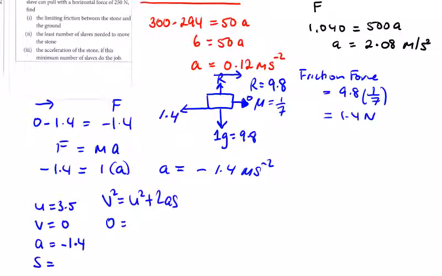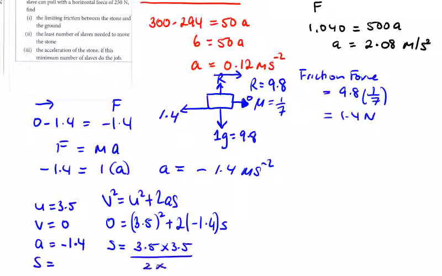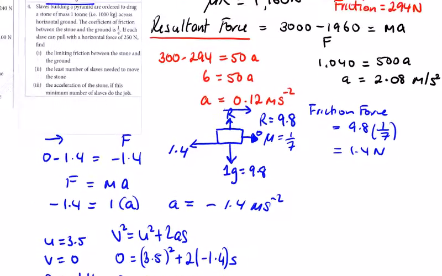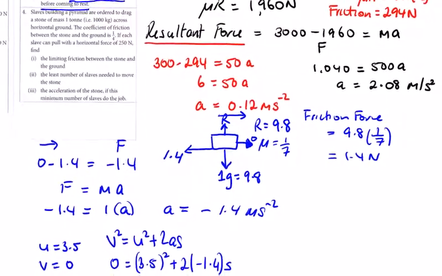So my distance here is going to be 3.5 squared over twice by 1.4. That's equal to 4.375 meters, as we're dealing in meters per second. That's it for number 3.